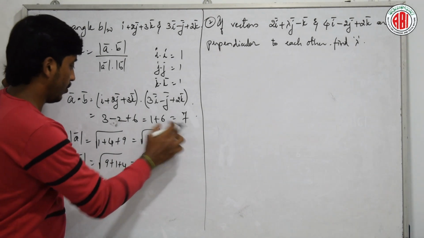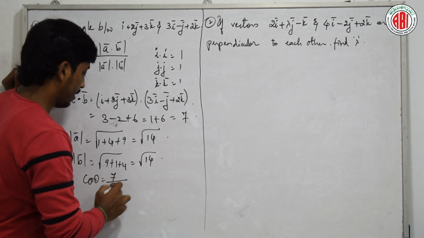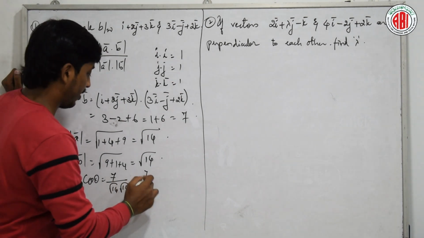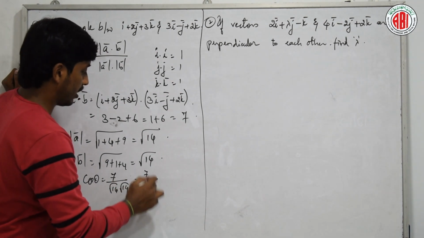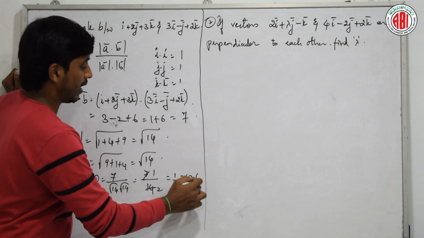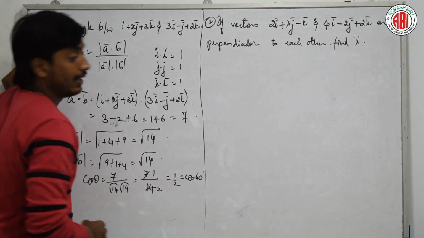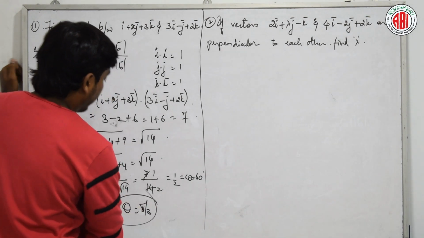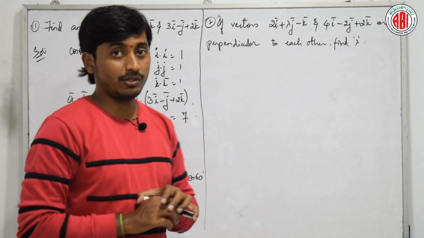Cos theta is equal to 7 by root 14 into root 14, which is 14, so 7 ones are 7, 7 twos are 14, that is 1 by 2, which is nothing but cos 60. Then what is the angle between the two vectors now? Pi by 3. Is it not easy to solve?